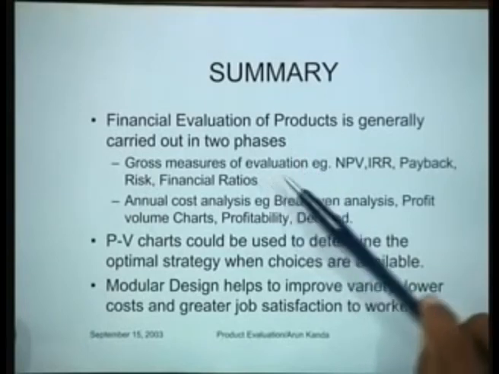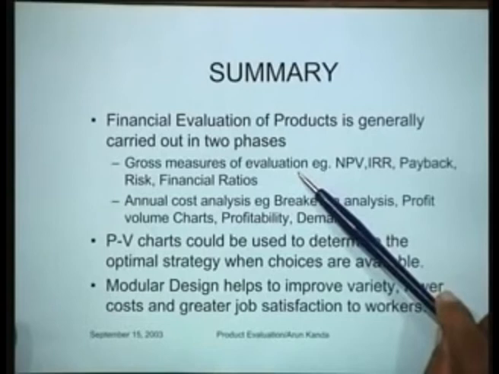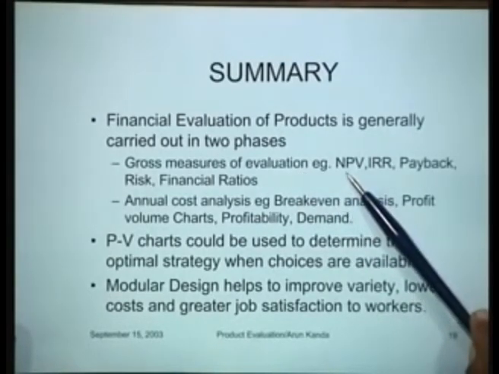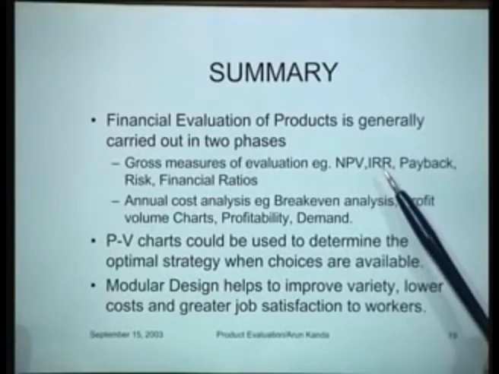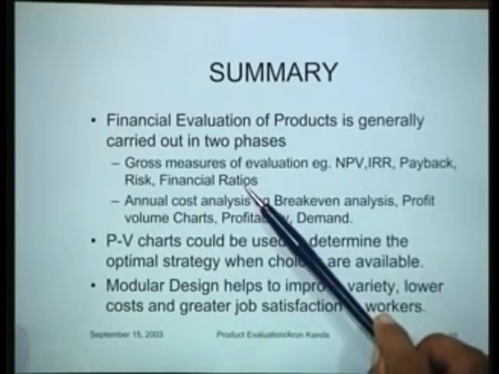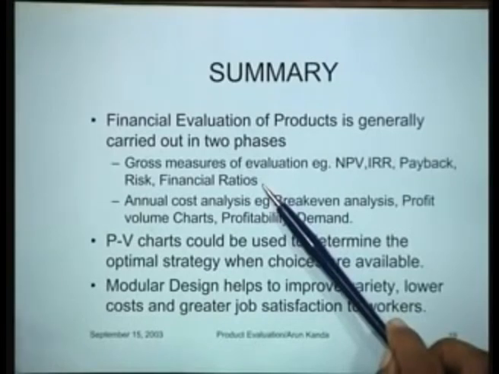The first phase is where we talk about gross measures of evaluation, and here we are talking about the net present value determination, the internal rate of return, the payback, the risk, and the financial ratios. These are things that we had already discussed when we were talking about the financial evaluation of capital investments in a previous lecture.